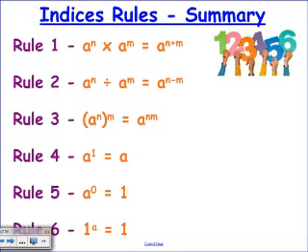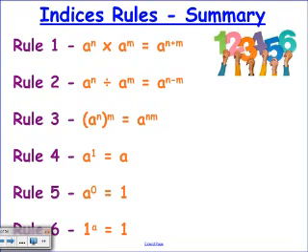Rule number 3, when you have a base number to a power that is raised to another power, you multiply the indices. They're the 3 tricky ones. 4, 5 and 6 are anything to the power of 1 is itself, anything to the power of 0 is 1, and 1 to any power is always 1. Okay? So you don't have to write it down in that fancy algebra form, just try and remember it in your own way. So there are 6 rules you need to remember.